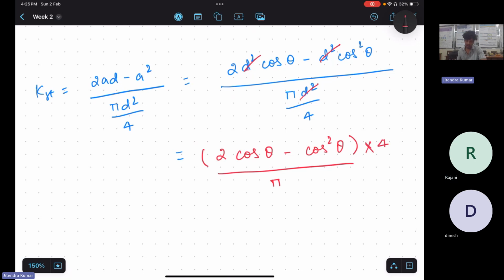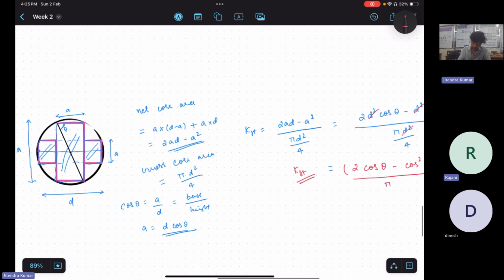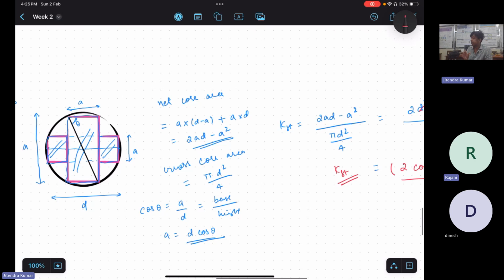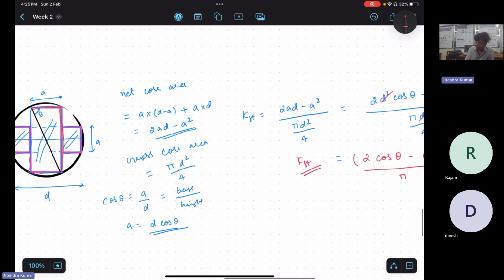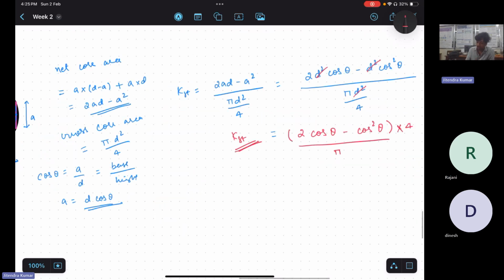Now the question is, we have got it in terms of theta, so that can vary. This stacking factor can vary once you vary the width of the stack, or the stepped core. If you make it smaller, this value of KST will change.